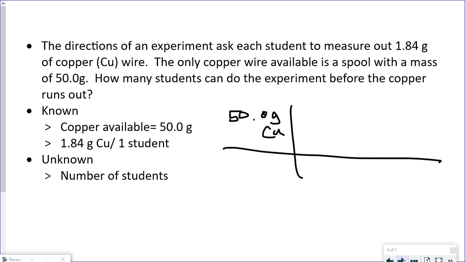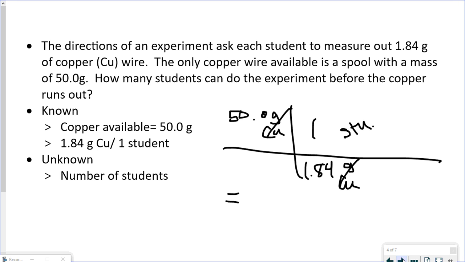So since we don't need grams in our final answer, that will go on the bottom of our next step. And we're looking for students as our answer. So that's going to go on top. So we know that one student needs 1.84 grams. So that will cancel out grams, leaving us with students.